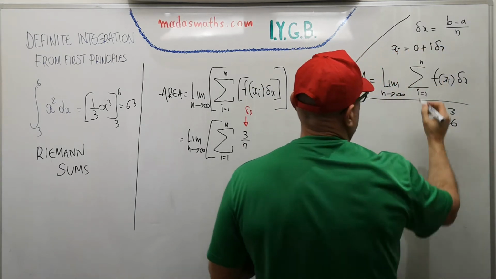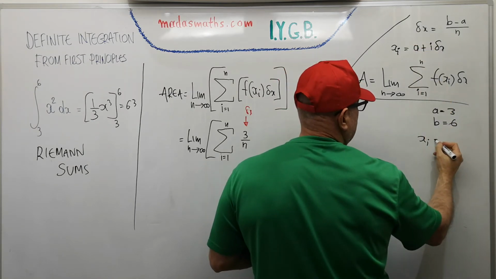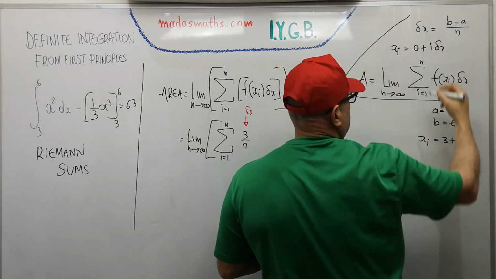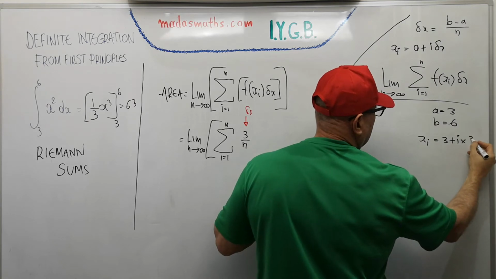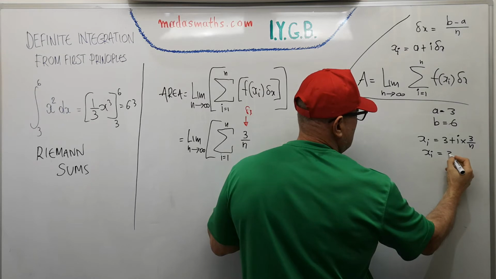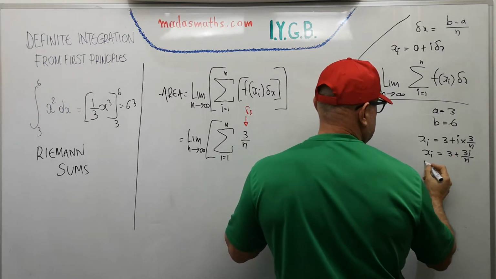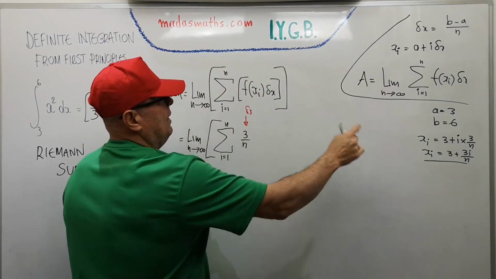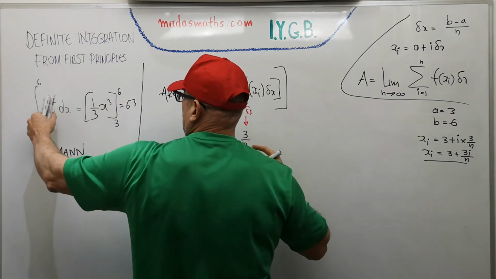So let's think about what this is. x_i is going to be a, we're starting at 3, and we have i lots of delta x, and delta x is of course 3 over n, so i times 3 over n. In the simplest form, it will be 3 plus 3i over n. So this is our x_i. Now we want f of x_i, and the function f is x squared.